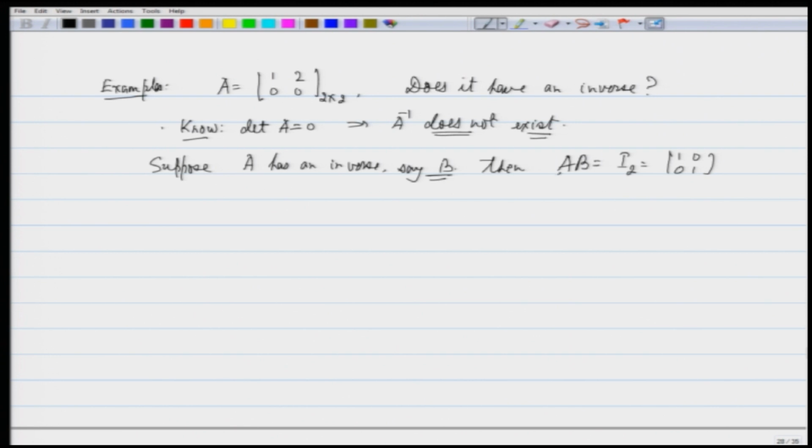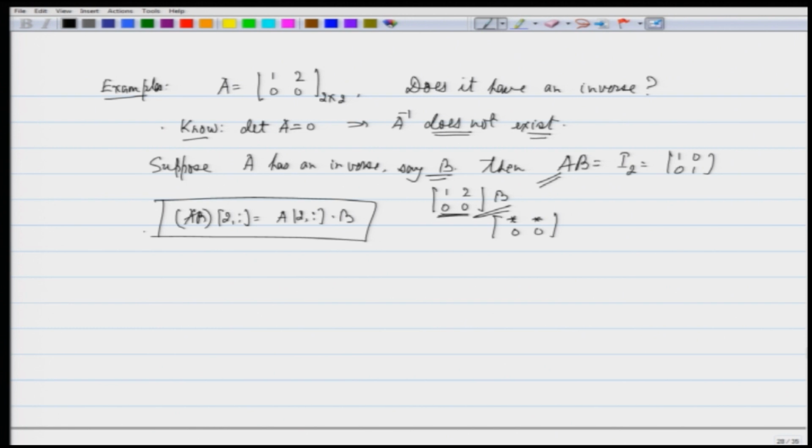But if I look at AB, look at the matrix product. In the matrix product A comes like this and B is here with you. The second row of A has all entries 0. So, what will happen to the second row of AB? I do not know what will happen to the first row of AB, but the second row of AB has to be 0. Why? Because recall that the second row of AB is the same as the second row of A times B. So, this is where the matrix product comes to our help.